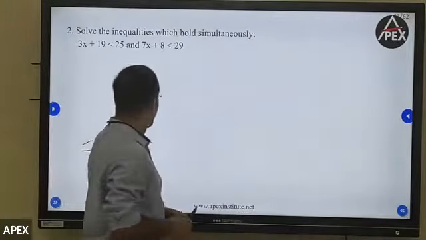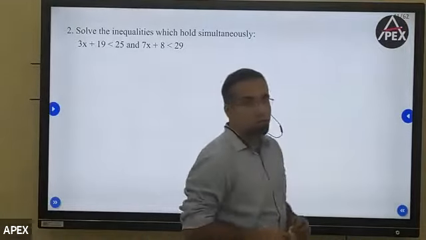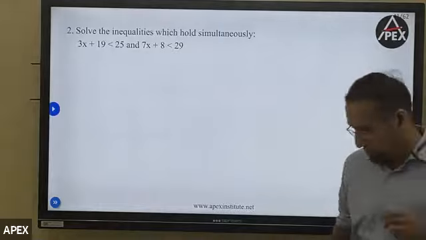Yeah, let's solve this. So we have two inequalities here separated by a conjunction called and.